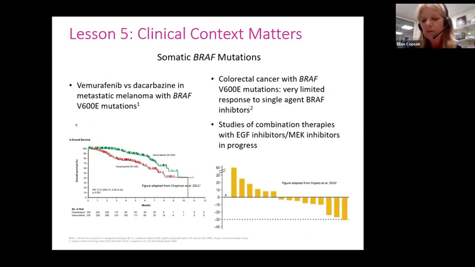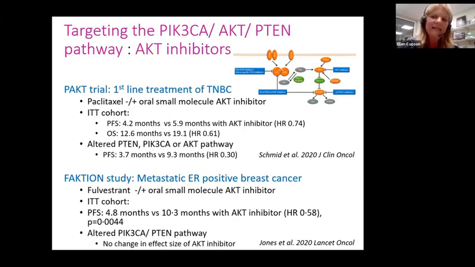What's looking more promising there is BRAF inhibitors combined with EGFR inhibitors and MEK inhibitors. Similarly, in breast cancer, AKT inhibitors have some clinical benefit in certain settings, but interestingly, in triple-negative breast cancer, the presence of an alteration in the PTEN, PIK3CA or AKT pathway does seem to predict a greater response.